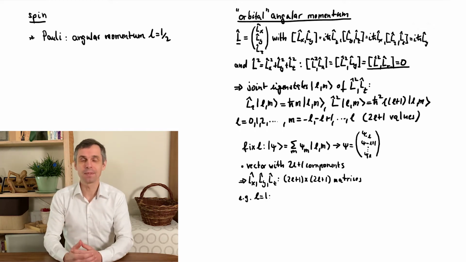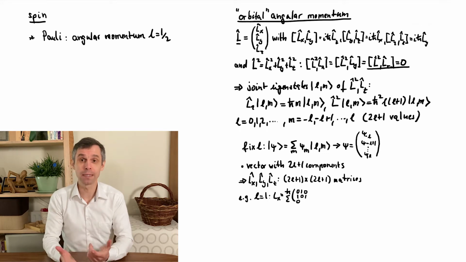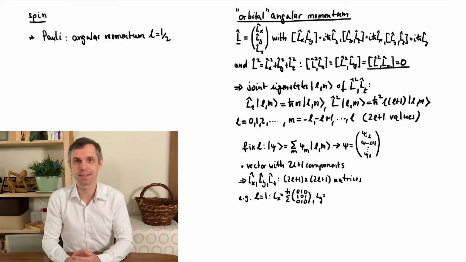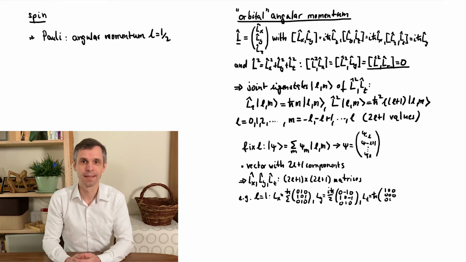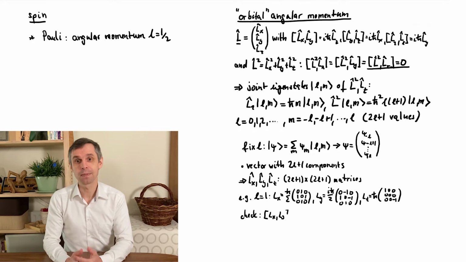Just as an example, I here give the expressions for L equal to 1, where you find three really quite simple 3×3 matrices. You can actually check that these have the correct commutator just by matrix multiplication.